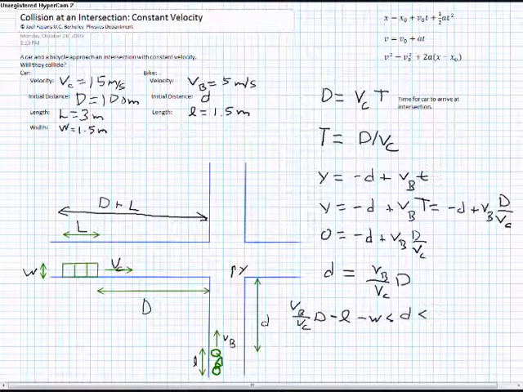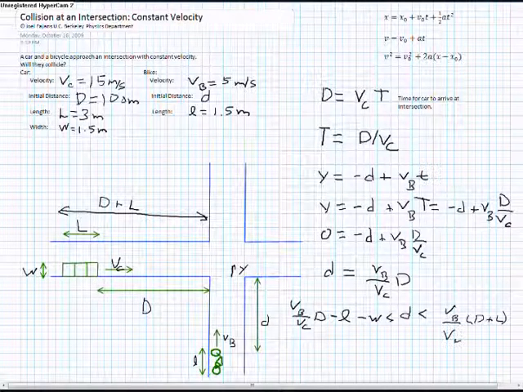Consequently, if the bicycle starts out a distance equal to V bicycle divided by V car times D plus L, then the car will have cleared the intersection by the time the bicycle arrives here. In other words, if the bicycle starts out at a distance that's less than this quantity and greater than the other quantity that we just calculated, then the bicycle will have a collision with the car.